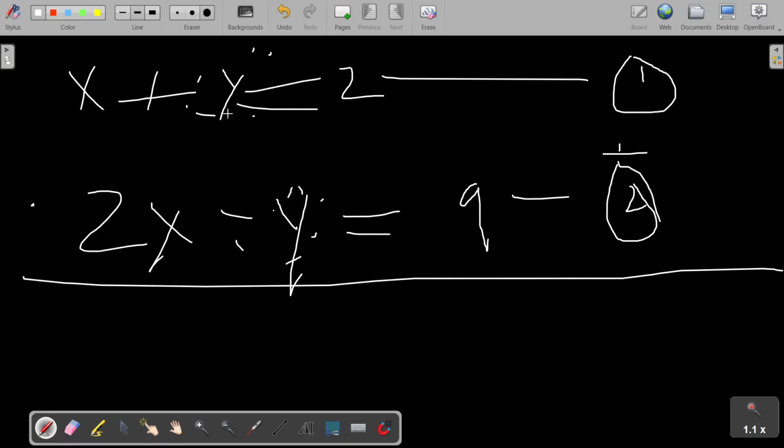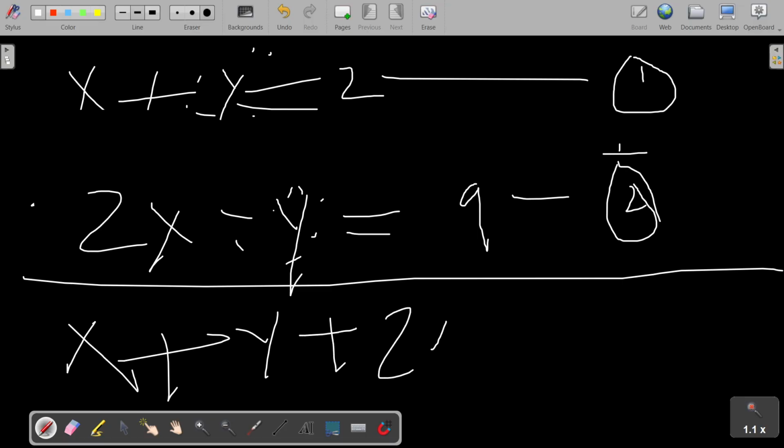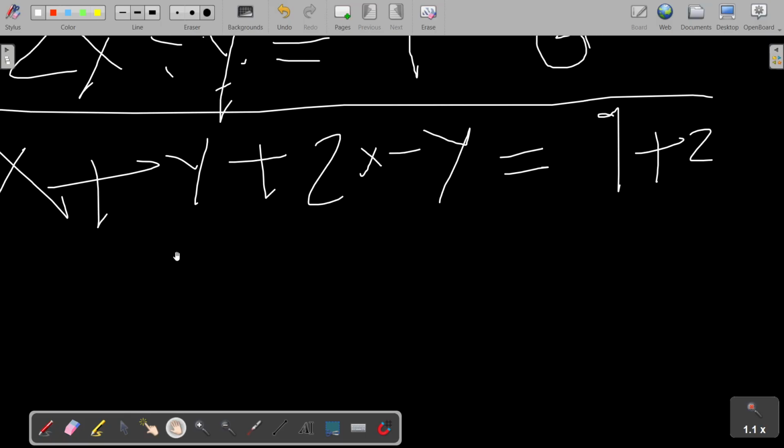We are left with x plus y plus 2x minus y is equal to, on this side it is also getting added. Here plus y minus y gets cancelled. x plus 2x is 3x, and then 9 plus 2 is 11.